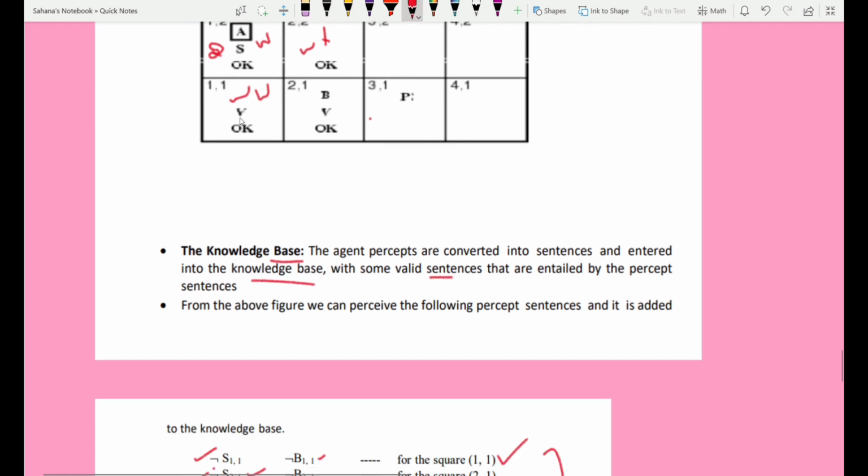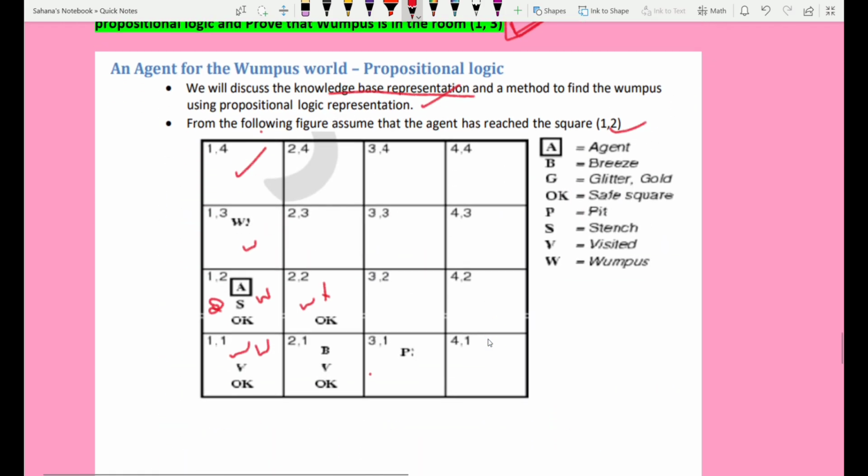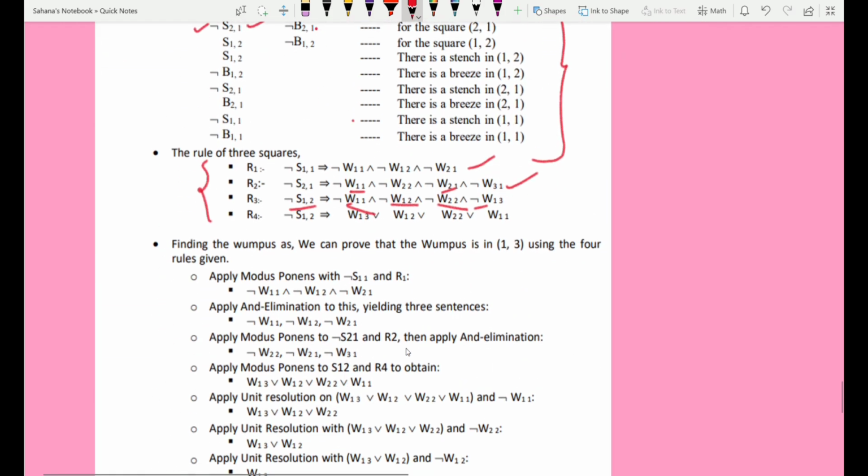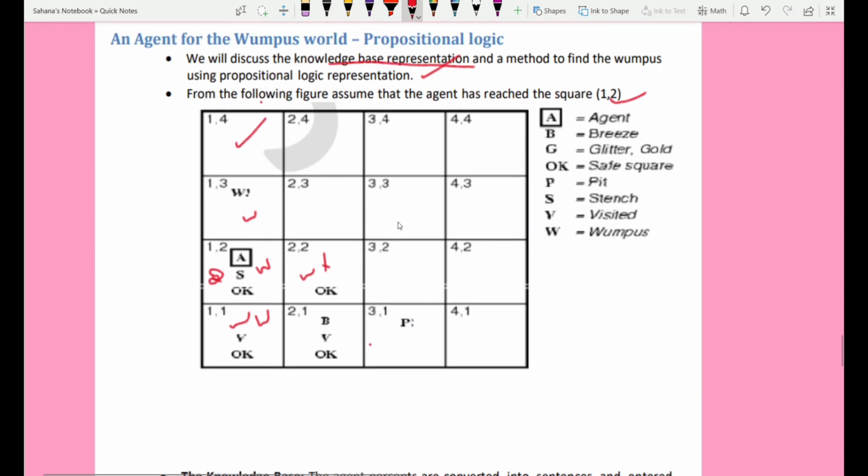That is negation of W12, W11, W22, and W13. Then negation of S12. You will write all this, where it will not be there. Okay, why R here means a negation of 1,2.